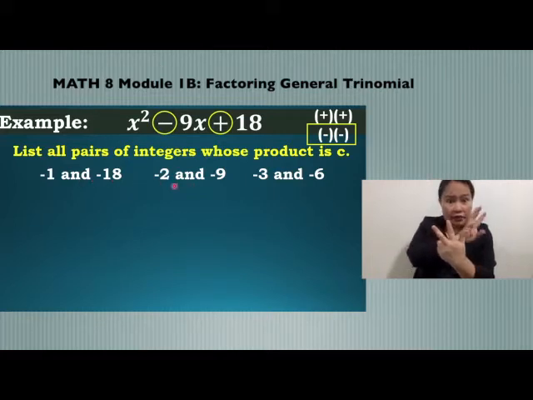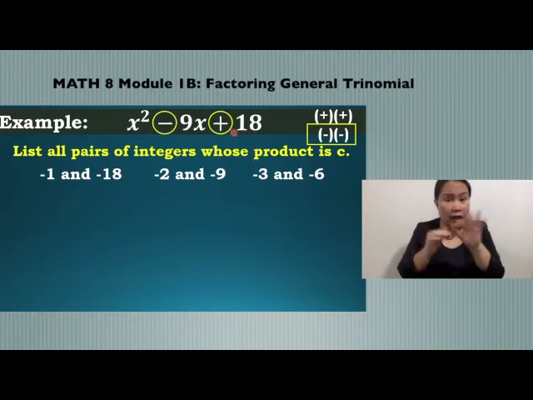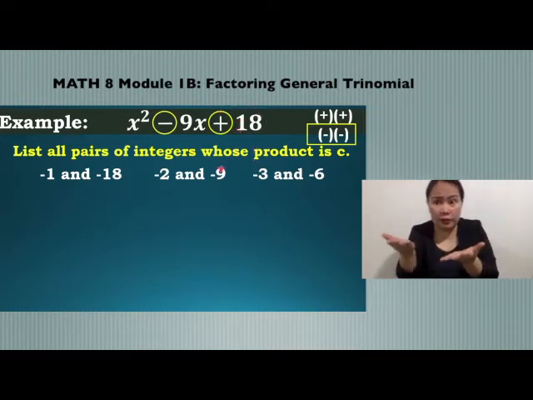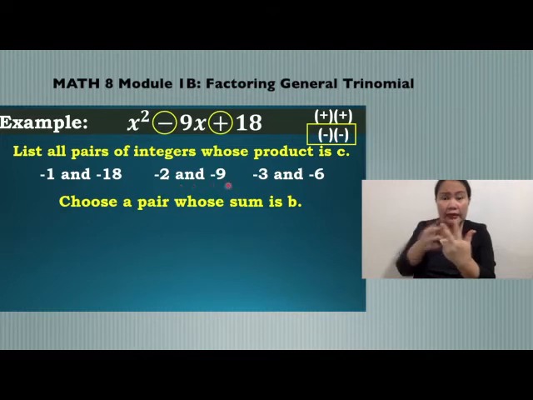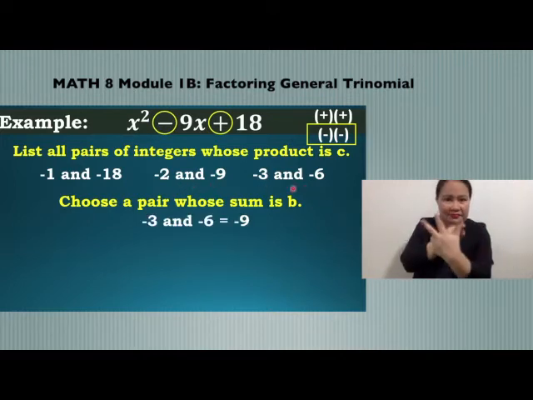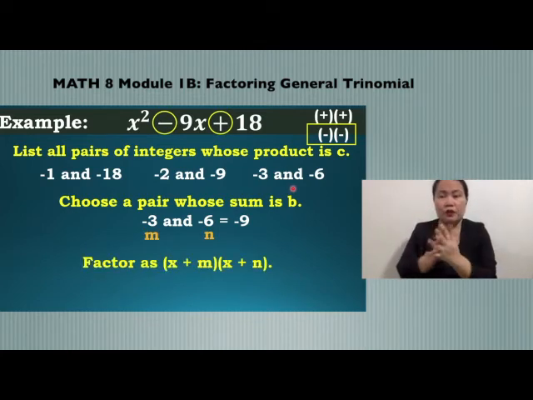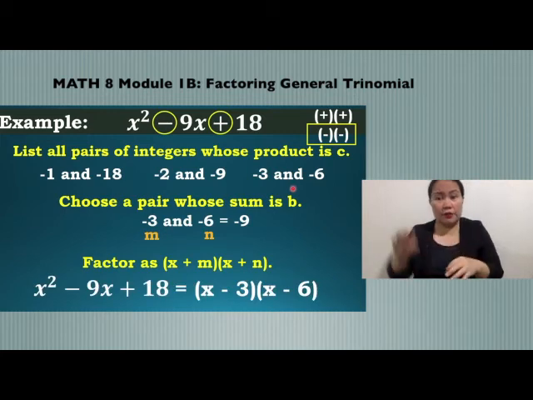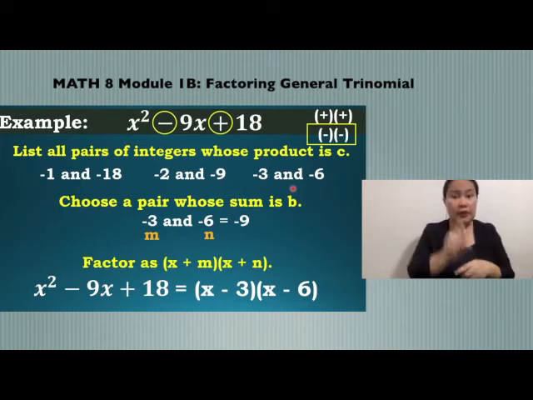So, kung mapapansin nyo, all of these pairs of integers are all factors of 18. Okay? So, next, we will choose a pair whose sum is b. So, dapat negative 9. So, alin dito ang negative 9 kapag inad natin? So, we have negative 3 and negative 6, and that is negative 9. Therefore, our factored form of x squared minus 9x plus 18 is x minus 3 and x minus 6.